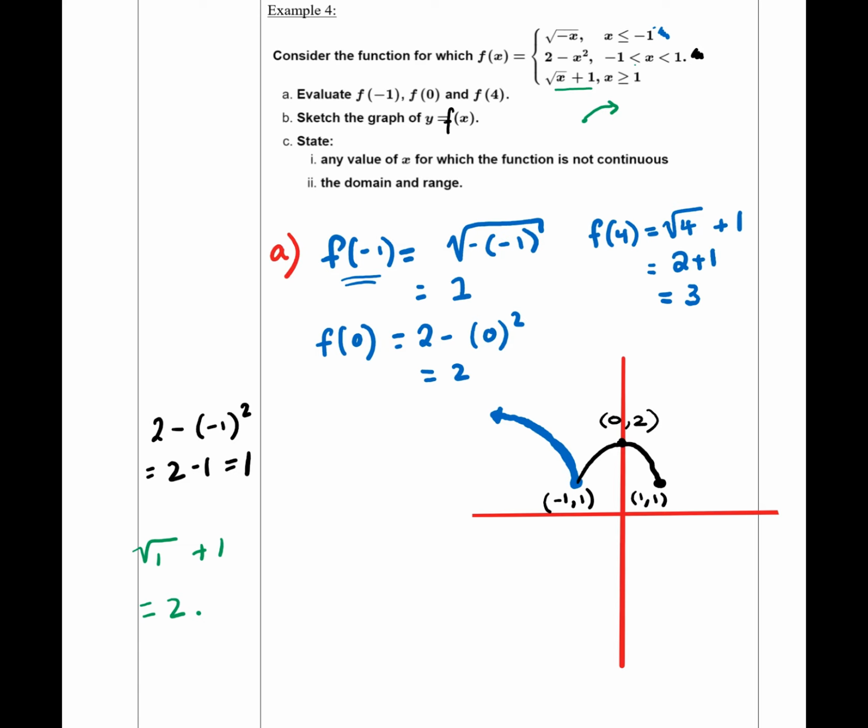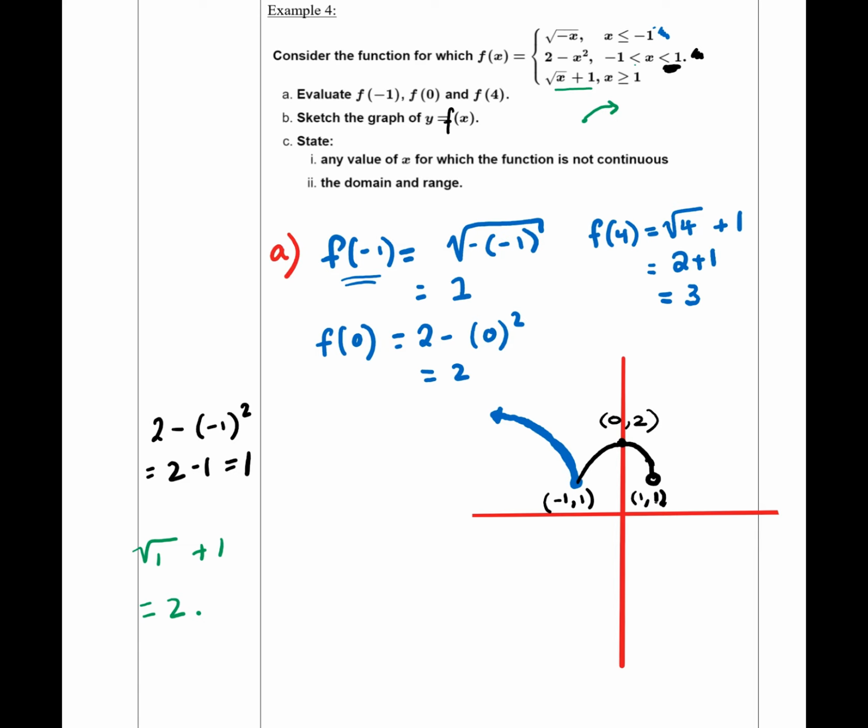So I need to change my endpoints. At the end of that parabola, we should have an open dot at 1, 1. That's because in our domain, this doesn't include the value of 1.